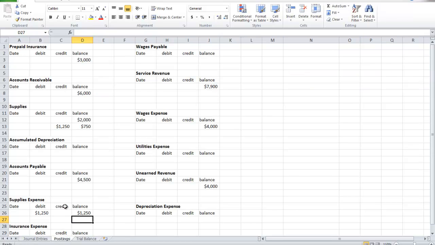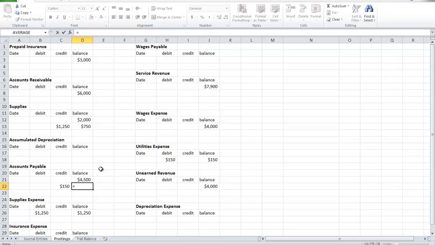On to our postings, we have utilities expense, so I need to increase that balance. That's a debit for $150. And then we have a payable for $150, so I can credit that here.